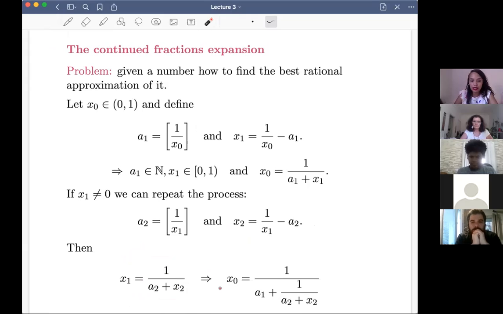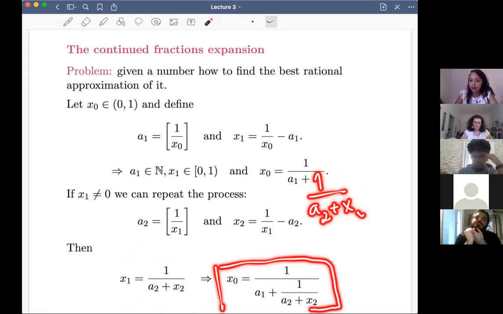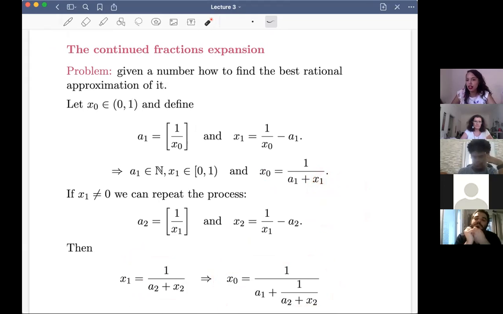And this implies that x0, which was 1 over a1 plus x1, is now 1 over a1 plus 1 over a2 plus x2. So then you obtain this conclusion. So x0 is this number.